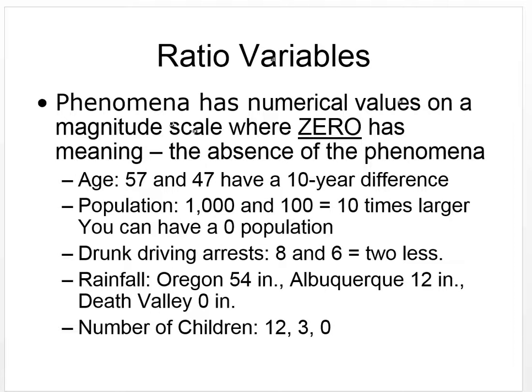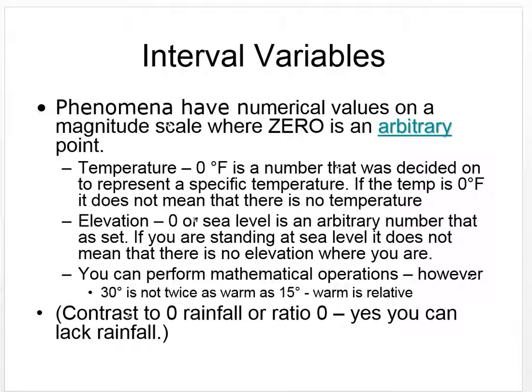I make that point because interval data is very confusing for people. Interval data has a zero, but the zero is an arbitrary starting point. When you think about temperature, a temperature of zero does not mean that there is no temperature. That's just the starting point on the Fahrenheit scale.